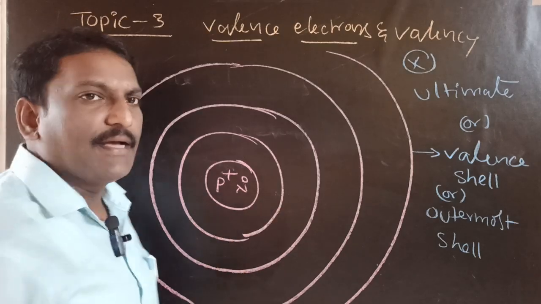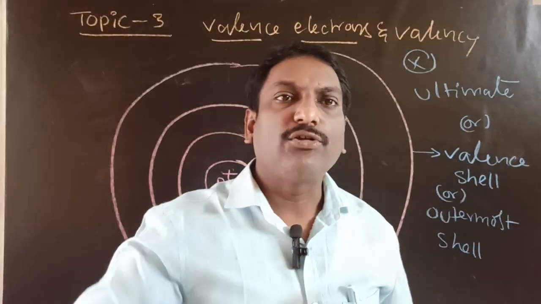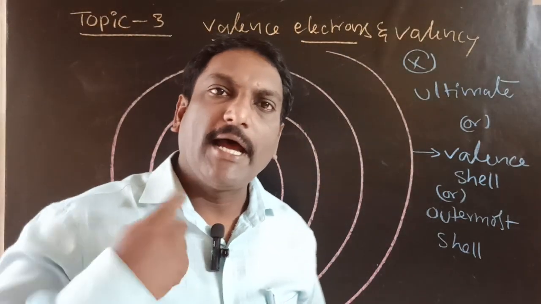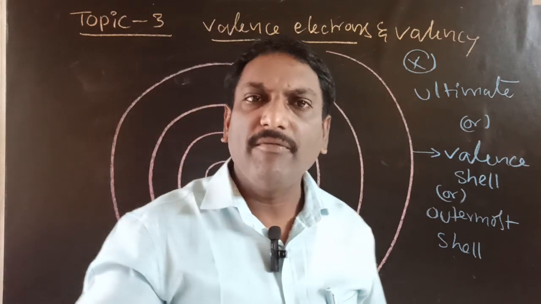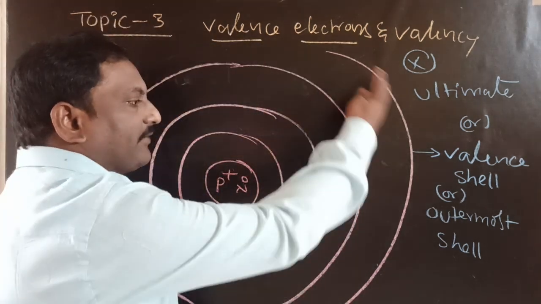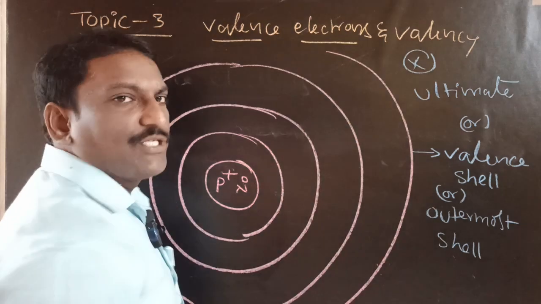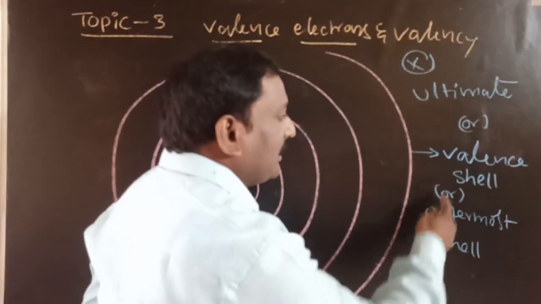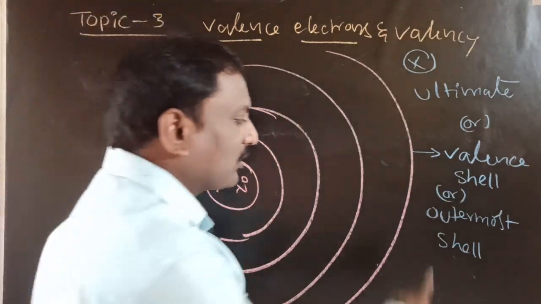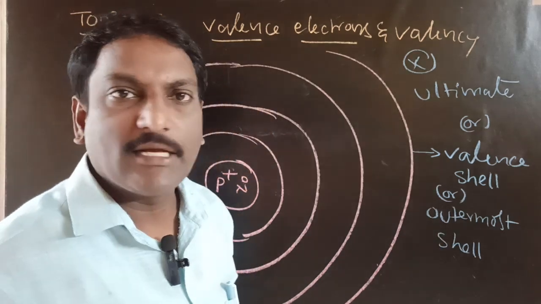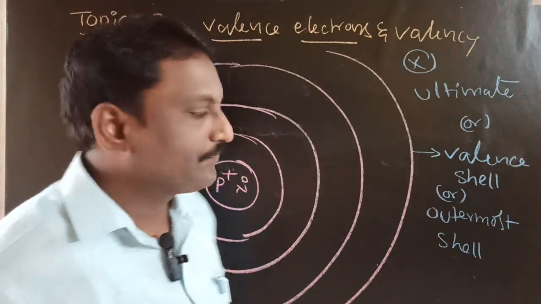That means if the atom has 3 shells, the third shell will be the valence shell. If the atom has 2 shells, the second shell will be the valence shell. But in the given picture, the atom has 4 shells, so the fourth shell will be the valence shell, also called the outermost shell, also considered as the ultimate shell.